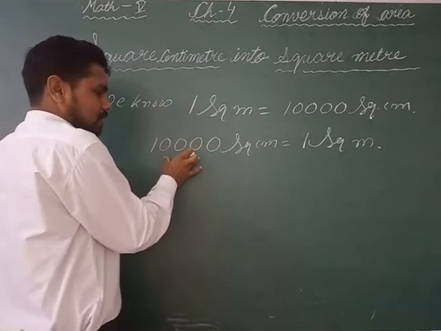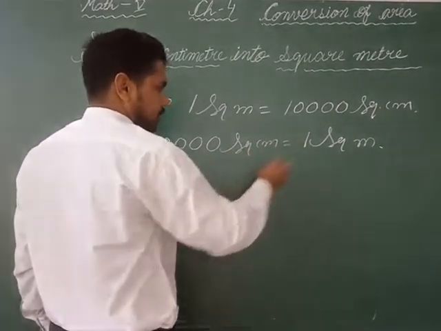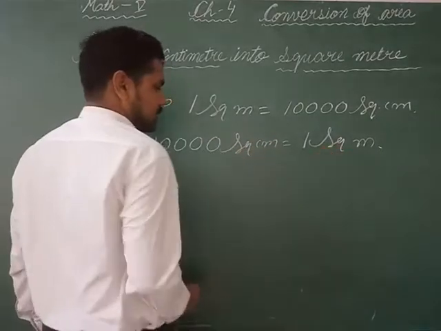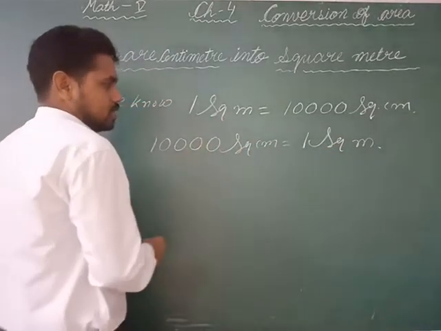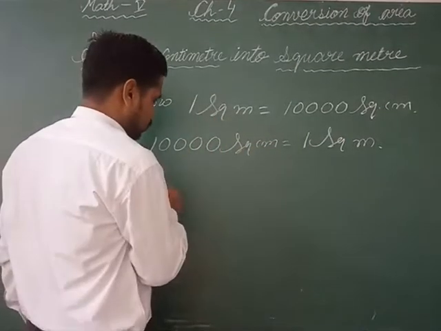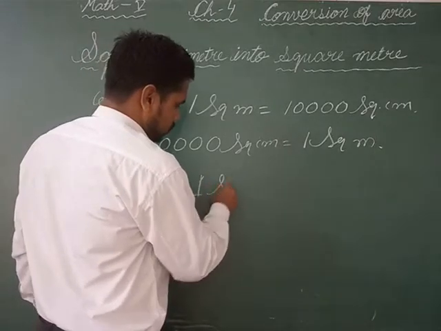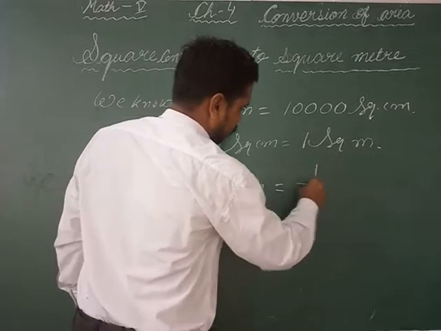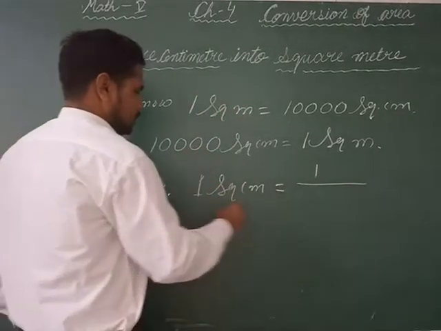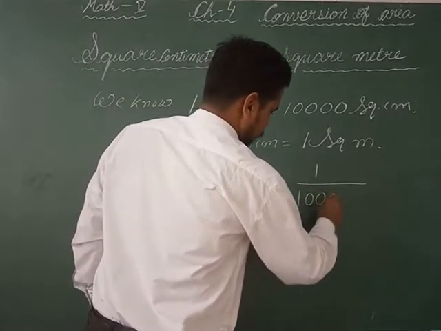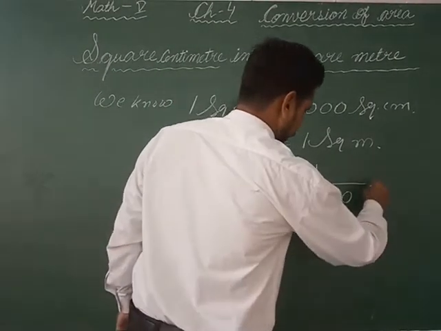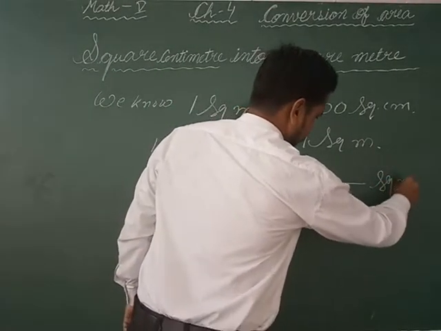If 10,000 square centimeter is equal to 1 square meter, then we divide both sides, so for 1 square centimeter, 1 square centimeter is equal to 1 divided by 10,000 square meter.